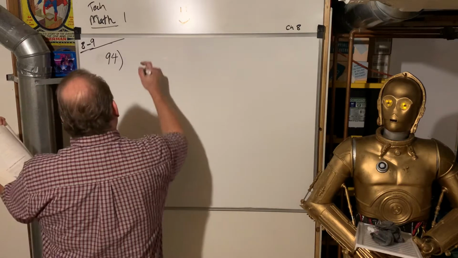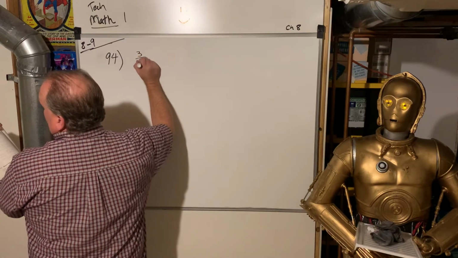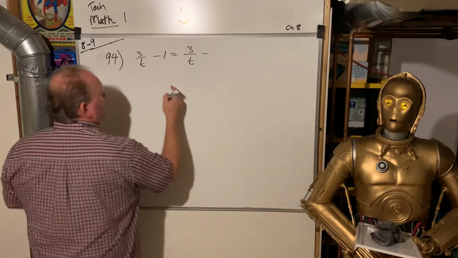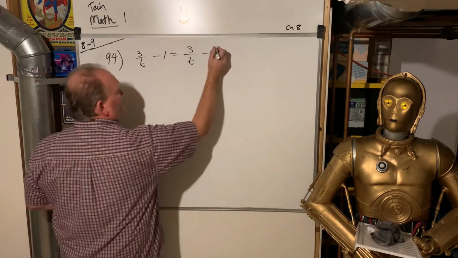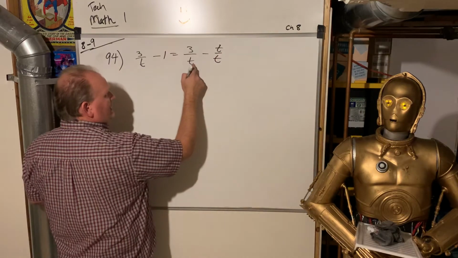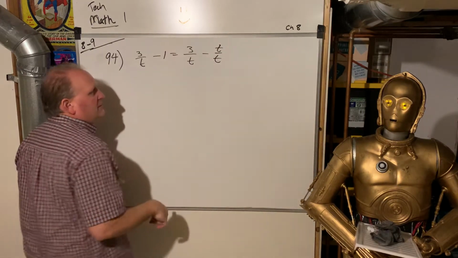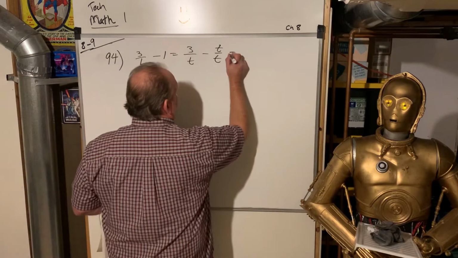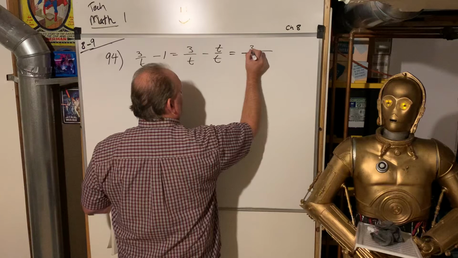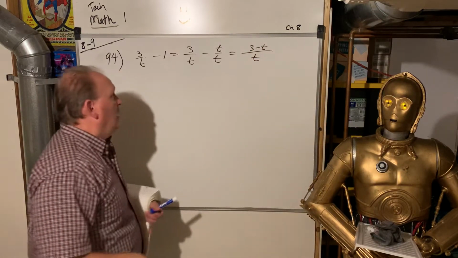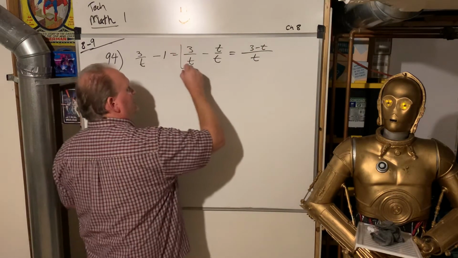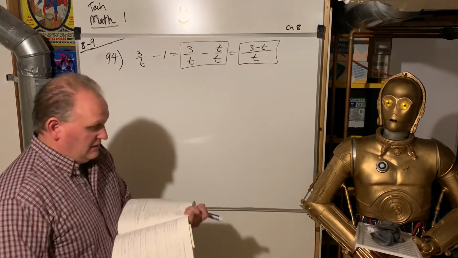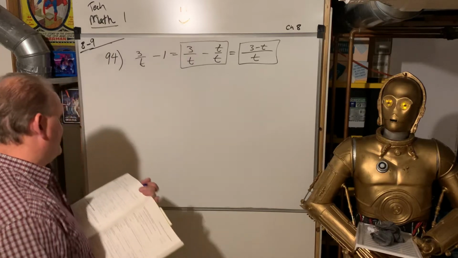So we got 3 over t minus 1 is equal to 3 over t minus. So when you have a 1, you can just make it whatever the denominator you need and just duplicate it. Put it on top and bottom. T divided by t is 1. So again, we can't really advance that problem. It's 3 minus t over t. Or, like I said before, you could just leave it like this. That would be fine. This is what the book prefers, I think. So either one's fine.